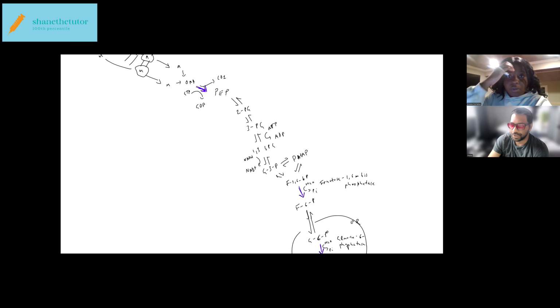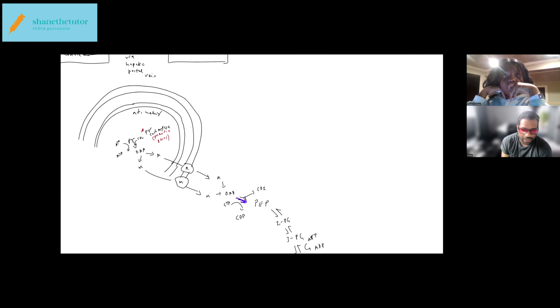In the mitochondrial matrix of regular muscle cells, which is where cellular respiration mostly happens, you don't have the pyruvate carboxylase, so the pyruvate just breaks down as you would imagine, all the way ending up with the electron transport chain.